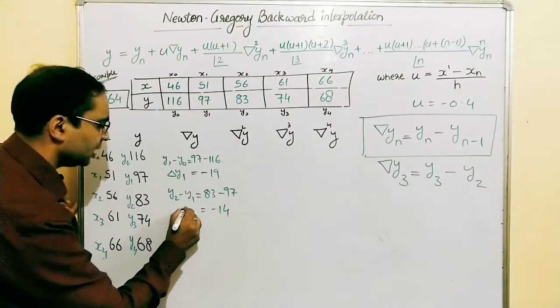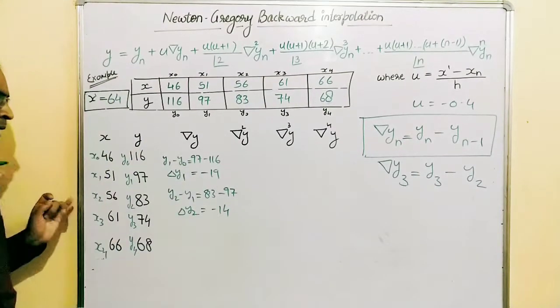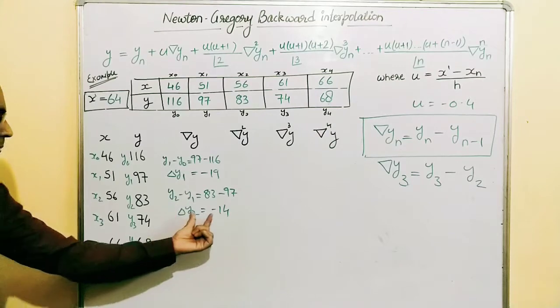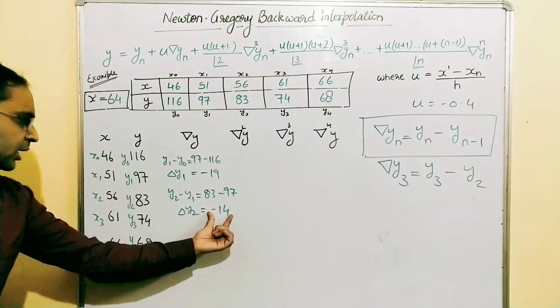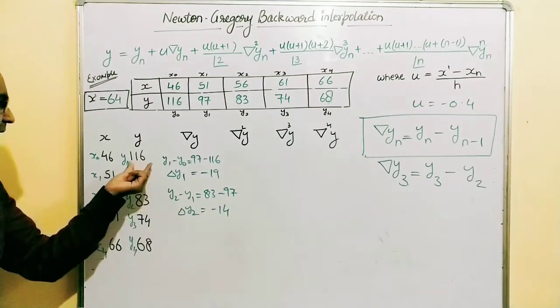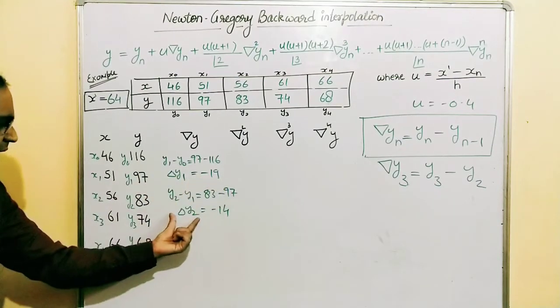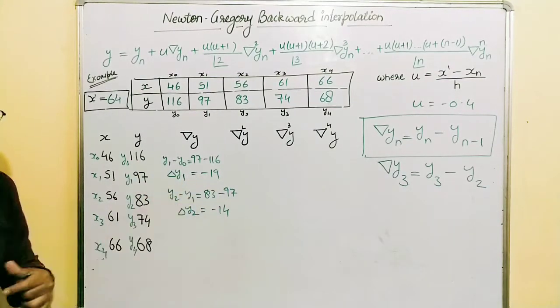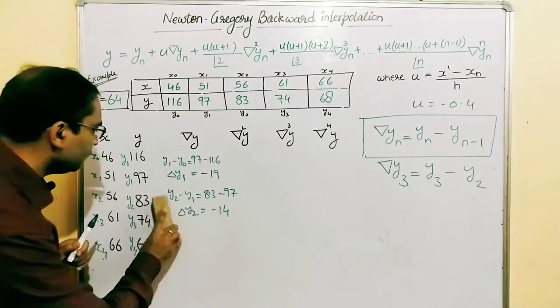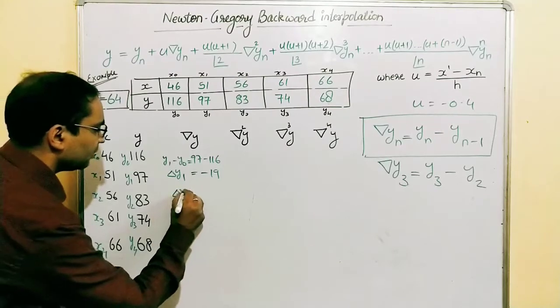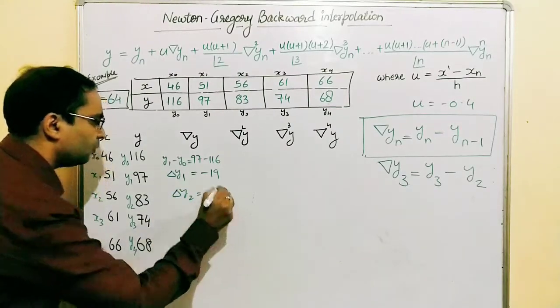So this is del y2, that is minus 14, right? So we should write it in between. Let's say this is del y1, this is minus 19, and this is del y2. I should write it a little bit up. So let me remove this and write del y2. So del y2 is equal to minus 14.